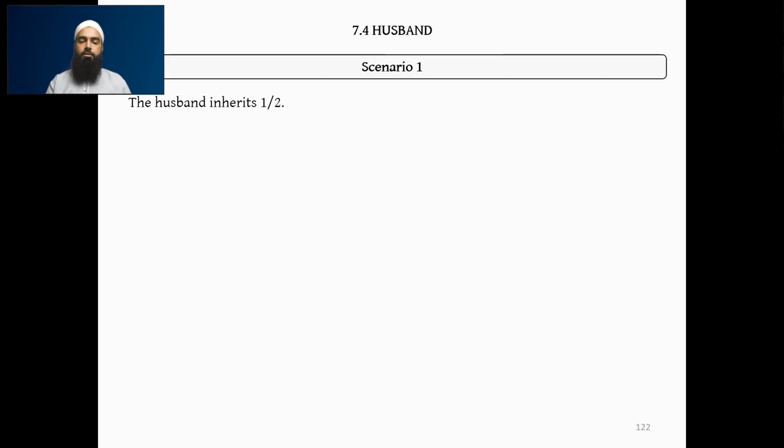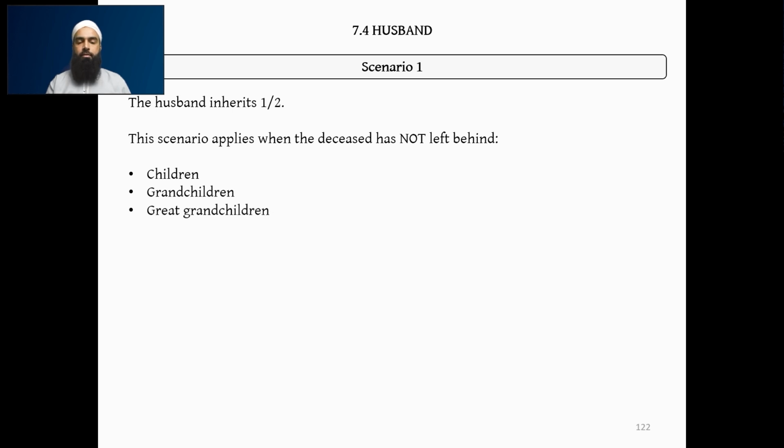So now let's do scenario number 1. The husband inherits a half. This scenario applies when the deceased has not left behind children, grandchildren, great-grandchildren, and so on. So let's do scenario husband and father. What happens in this scenario?